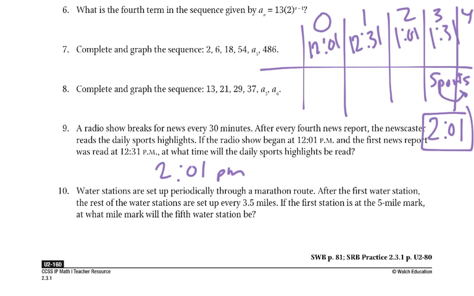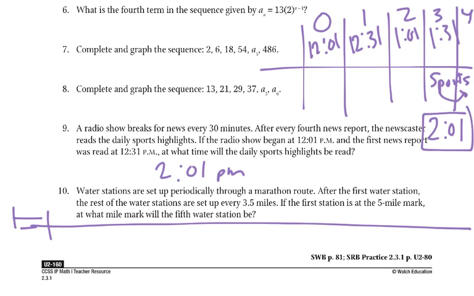So number 10, water stations are set up periodically through a marathon route. After the first water station, the rest of the water stations are set up every 3.5 miles. If the first station is at the 5-mile mark, at what mile mark will the fifth water station be? So kind of a similar idea. So the first station is at the 5-mile mark, right? So it might be a good idea to draw a picture.